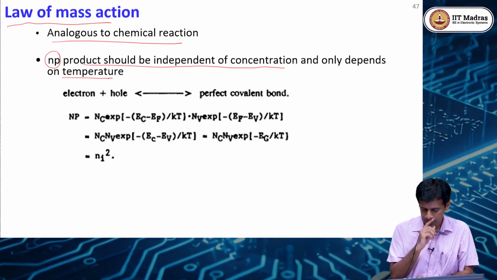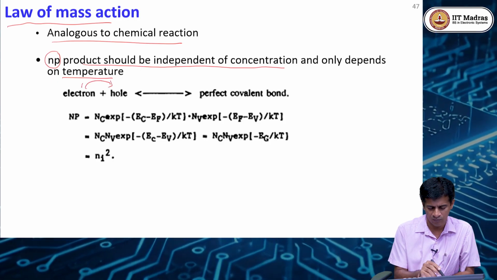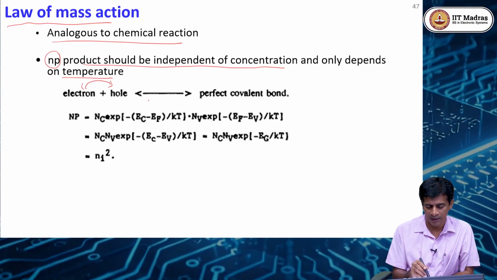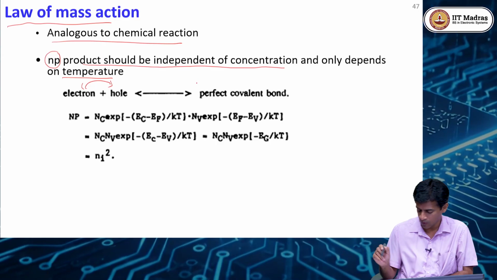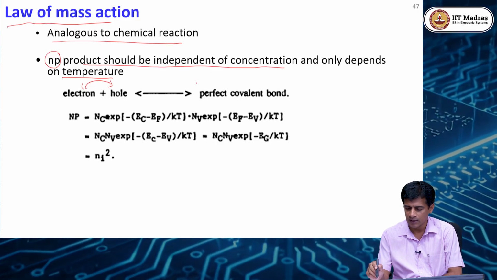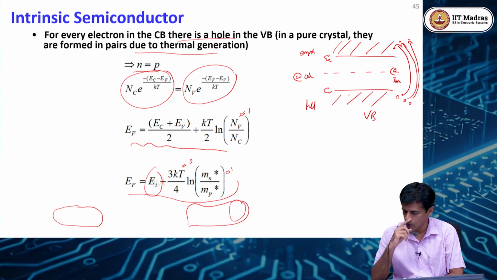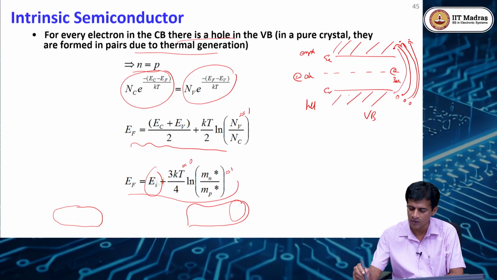That is because the electrons and holes can be written like a reversible chemical reaction. Electrons and holes are always formed in pairs: for an electron-hole pair to form, you need a valence electron to go from the valence band to the conduction band.